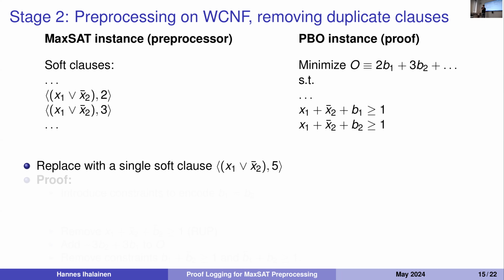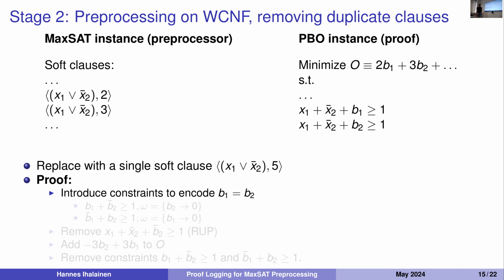So the first thing we do in the proof is make P1 and P2 equivalent. They are not equivalent in every solution, but they are equivalent in every optimal solution. So we add these constraints that encode that equivalence, and we need to do redundance-based strengthening because this is not implied by the formula. This is strengthening the formula. And we can use a witness that assigns the variable in the objective function to 0.